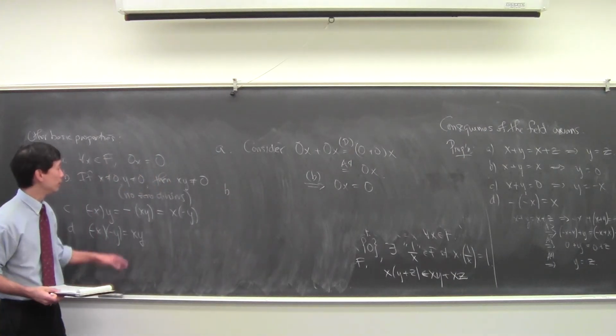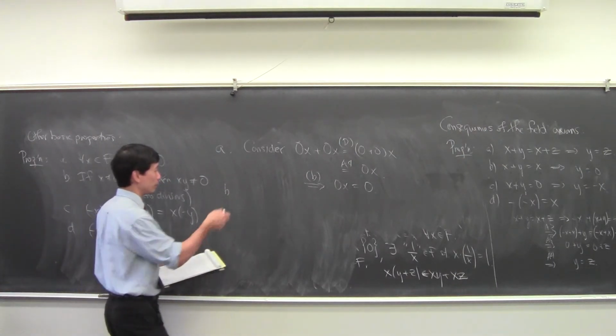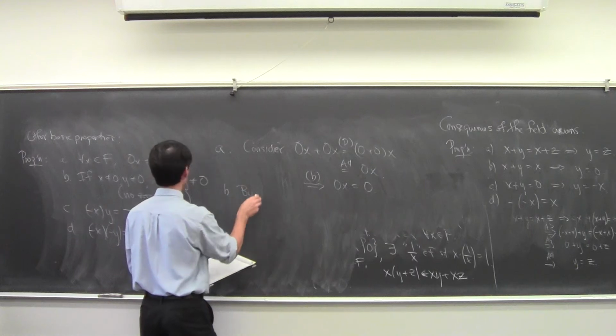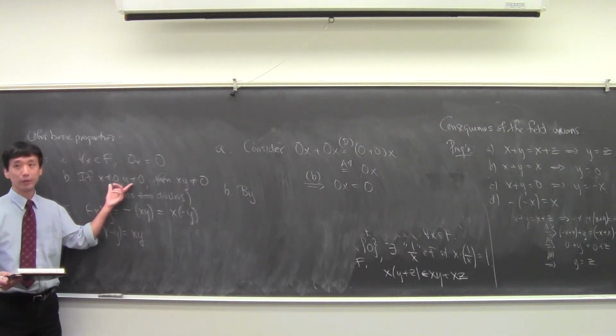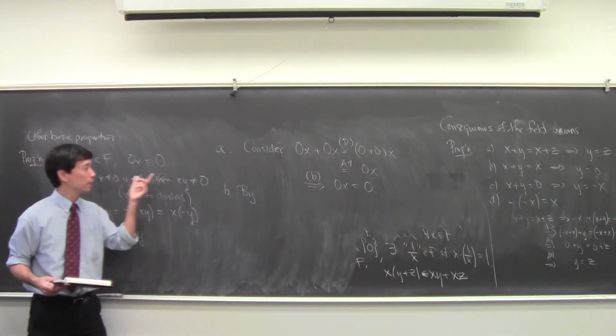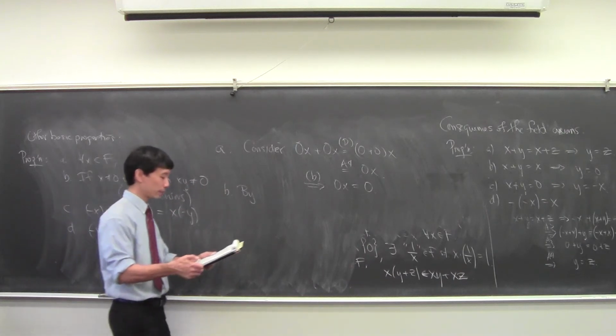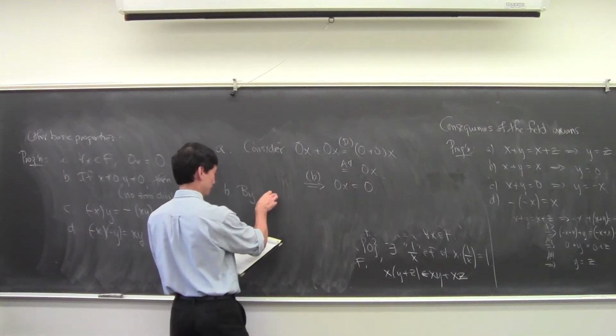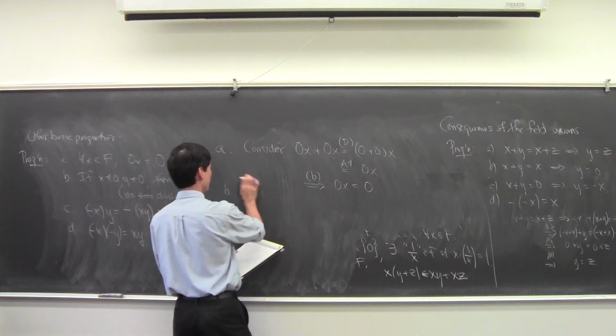Number 2, we'll do by contradiction. To show that whenever you have 2 non-zero guys, their product has to be non-zero.